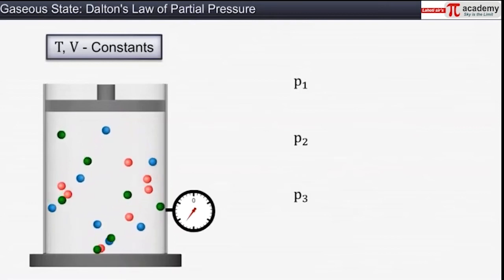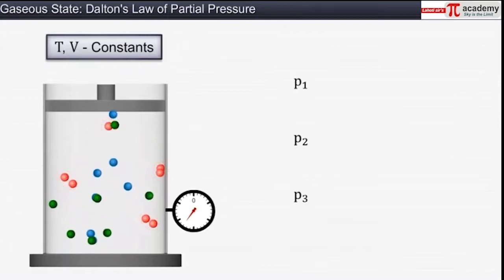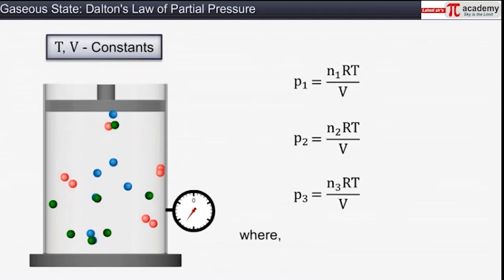Now, by applying the ideal gas equation, the partial pressure of gas 1, that is P1, is equal to n1 RT divided by V. Partial pressure of gas 2, that is P2, is equal to n2 RT divided by V. And partial pressure of gas 3, that is P3, is equal to n3 RT divided by V, where n1, n2, and n3 are the number of moles of the three gases.